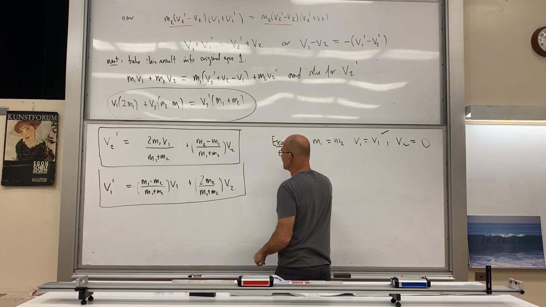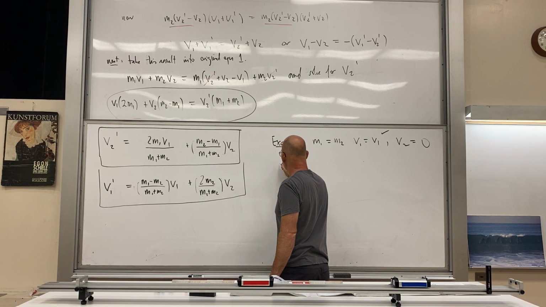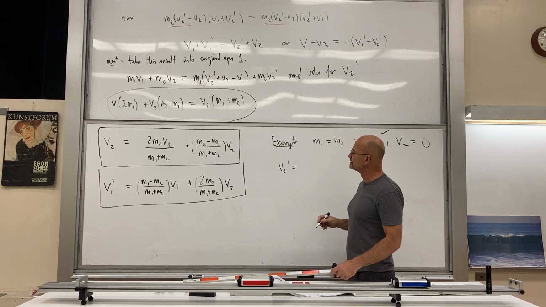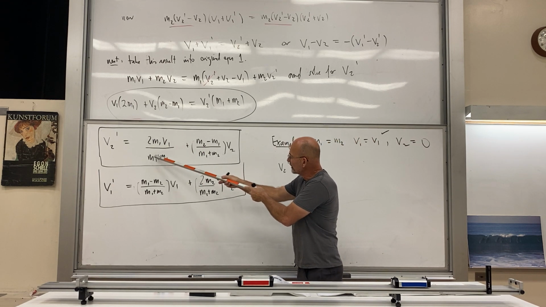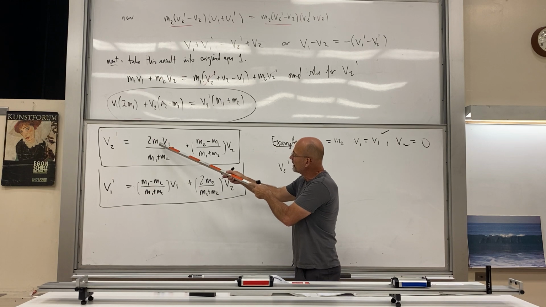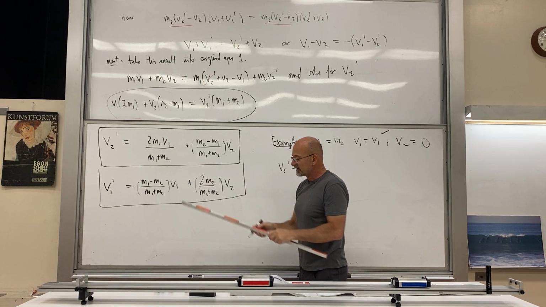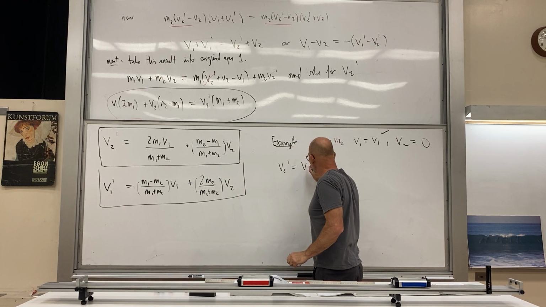So what do we get for this example? We get V2 prime equals, and we go back to this formula. Remember, the masses are equal, so 2m over m plus m, which is also 2m. So we just get a 1 here times V1. V2 prime equals V1.